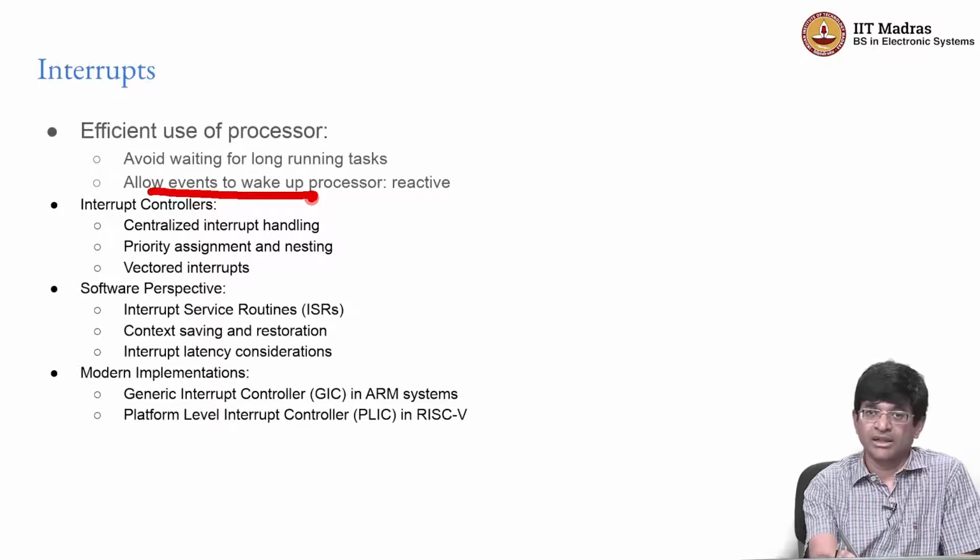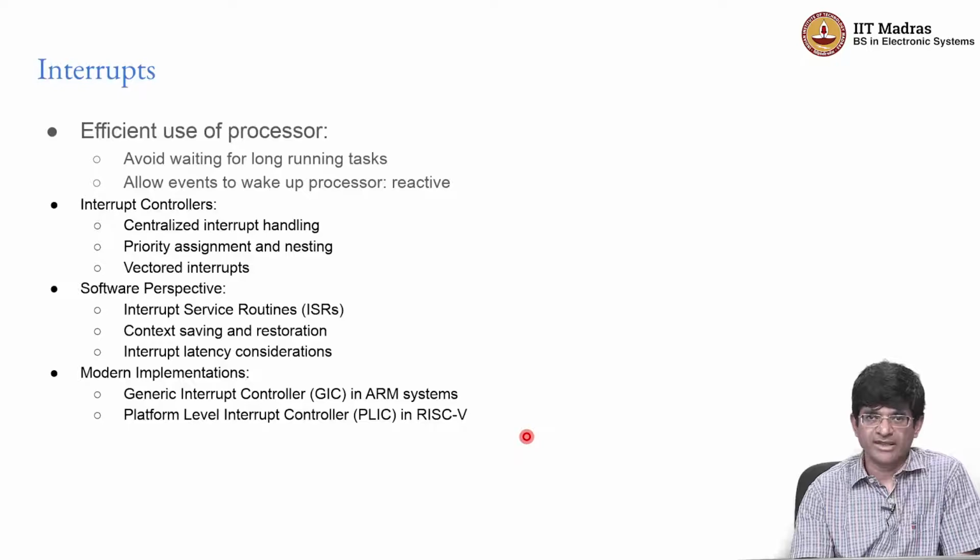This is especially the case, for example, when you have things like the UART, which is operating several orders of magnitude slower than the processor. For example, if I have a processor, even a microcontroller running at 100 megahertz, but a UART which is running at like 9.6 kilobits per second, that's like 3 orders of magnitude or nearly 4 orders of magnitude speed difference.